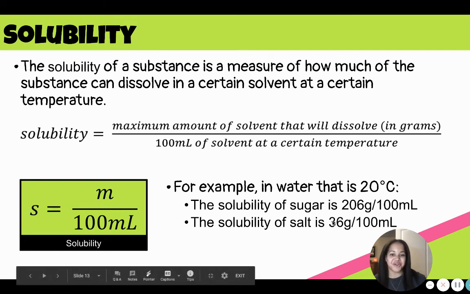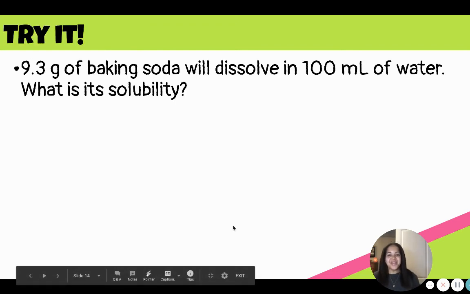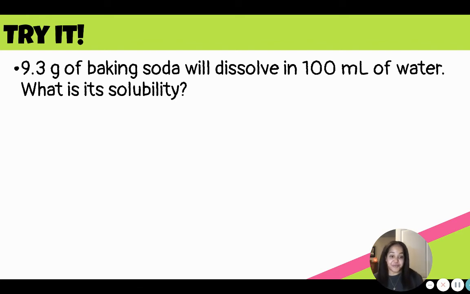You're free to try this on your own as well, provided you have excess of these at home, just to try it out. So I'm going to get you guys to try it now. And as a formula, not an experiment. So 9.3 grams of baking soda will dissolve in 100 milliliters of water. What is its solubility? I'm going to give you a little bit of time here. So just think 9.3 grams and 100 milliliters of water.